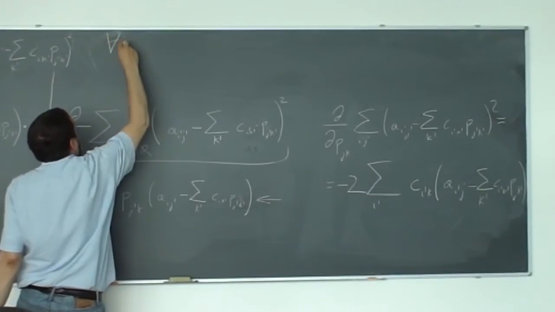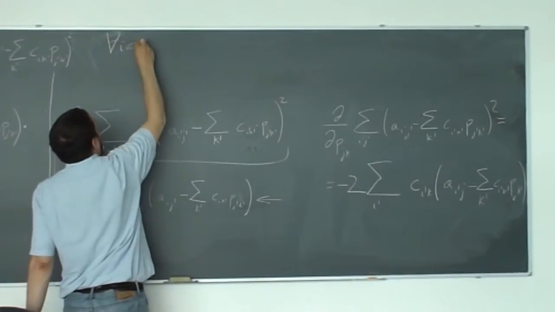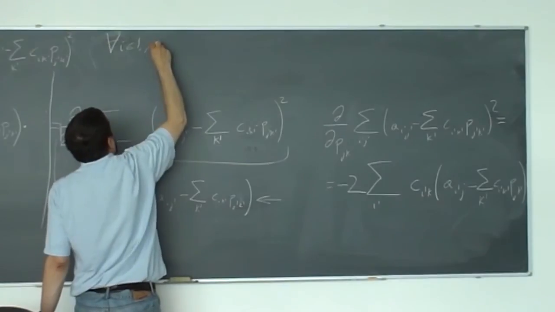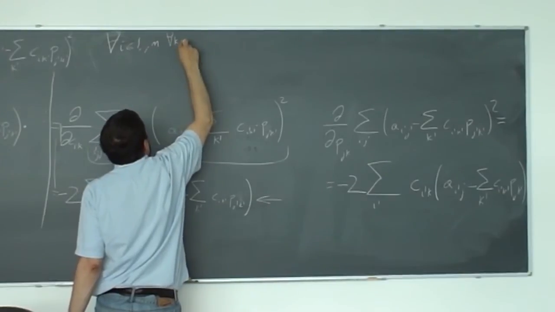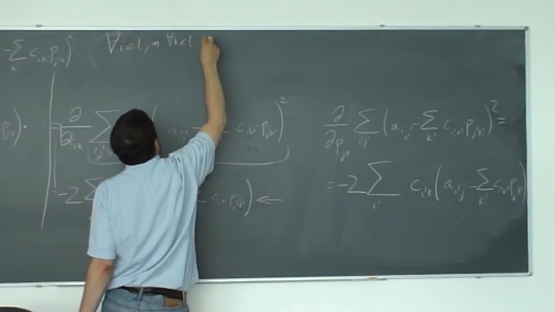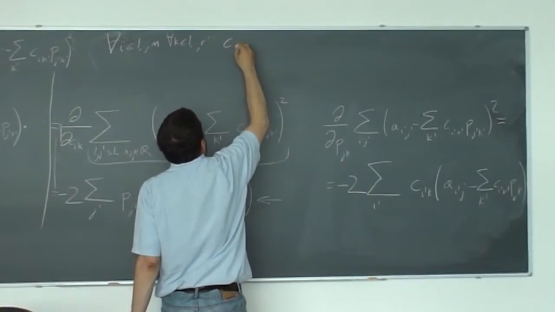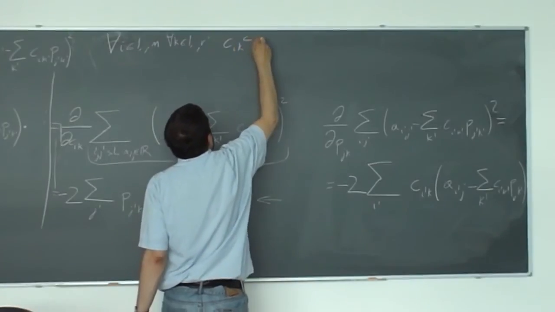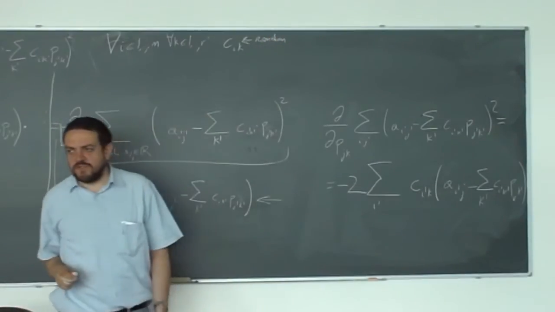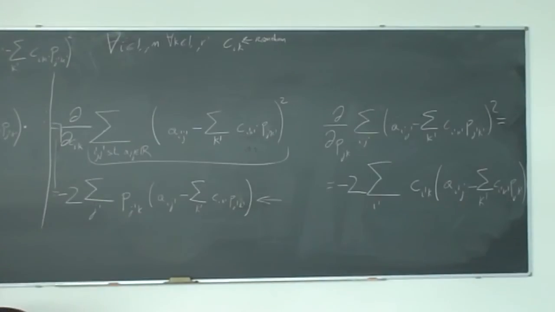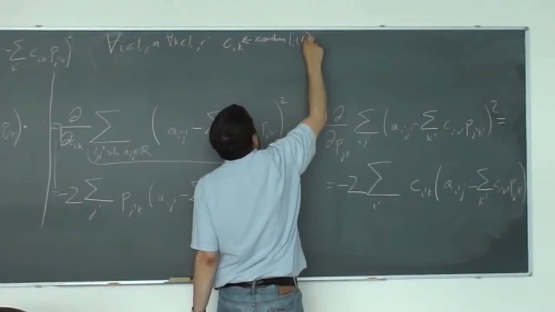Let's say for all i in 1..n and for all k in 1..k', we set a random value for Cik, for example a random value in minus 1, 1.